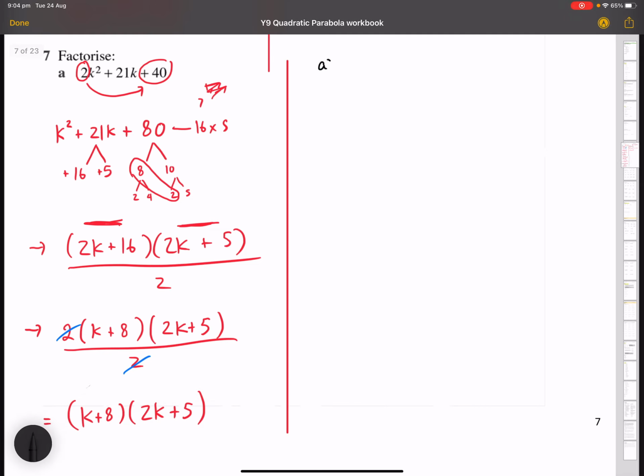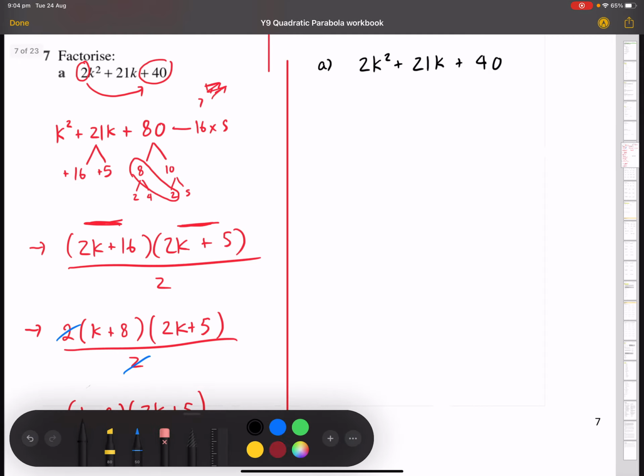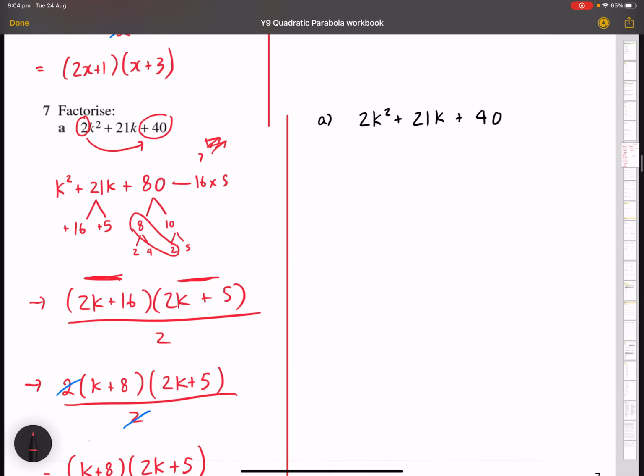2k squared plus 21k plus 40. Okay, so now 2k, that's easy. That means that this is a prime number again, so we're going to have 2k and k.